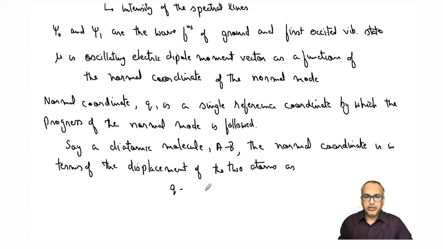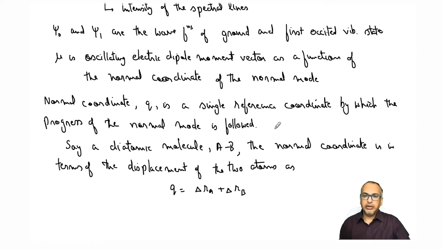We can write the displacement as delta RA plus delta RB. So how much A is moving from its mean position and how much B is moving from its mean position is called delta RA and delta RB, and the total sum of that will be called Q. So Q is a normal coordinate to define that particular vibrational mode. Every vibrational mode can be expressed in terms of a normal coordinate, which is a single reference coordinate.